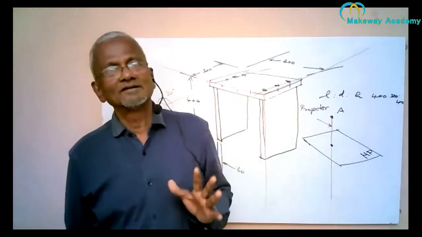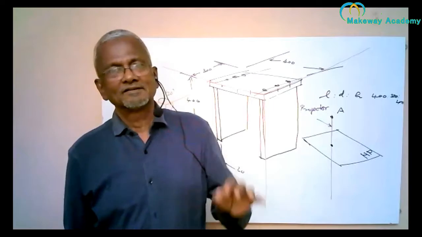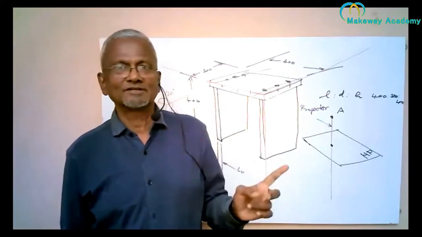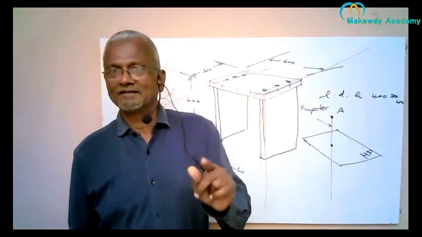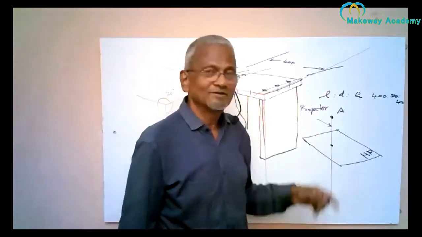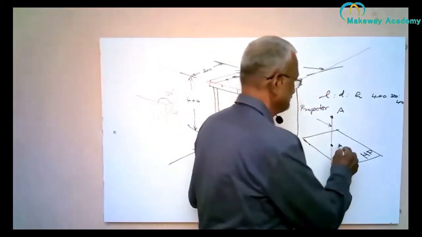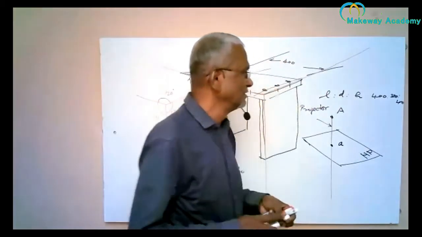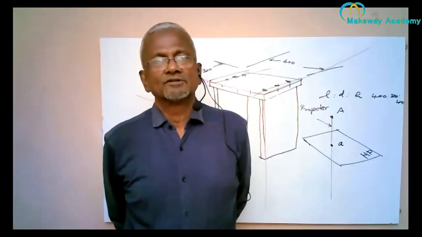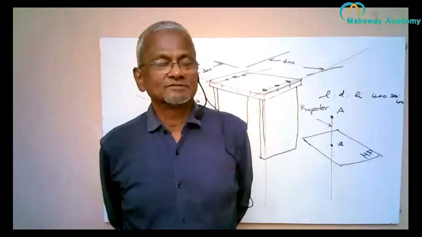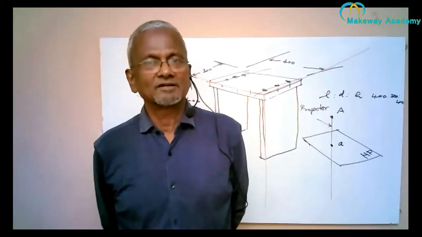The perpendicular line is drawn from the point A to the plane. That perpendicular line is called the projector. The projector intersects the plane. This is the point of intersection. I call that point small a. So small a is the projection of capital A.